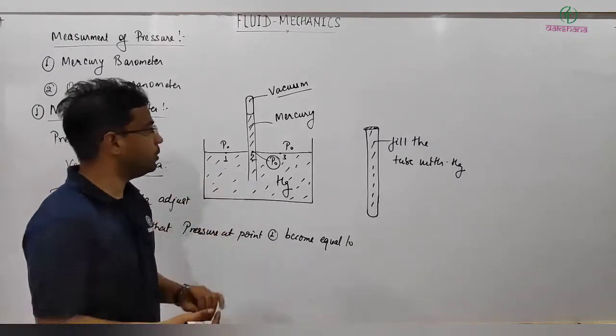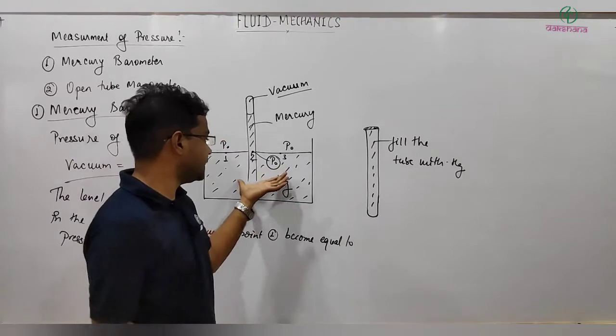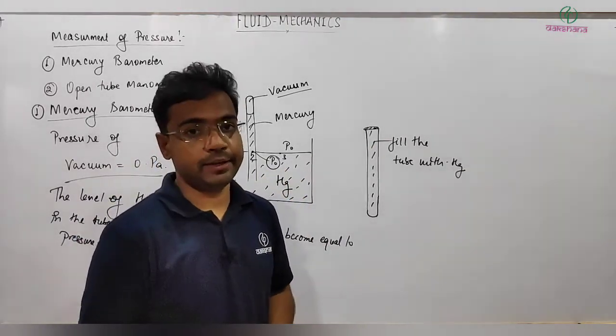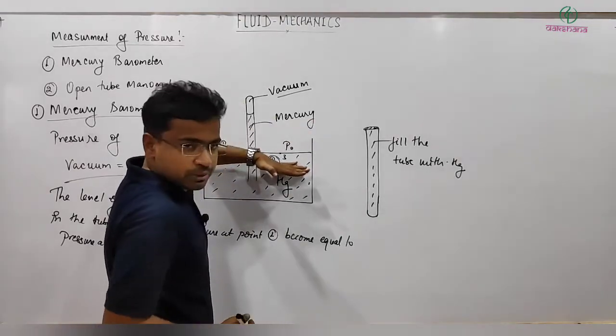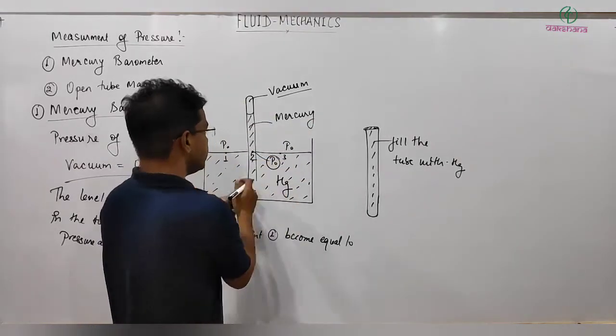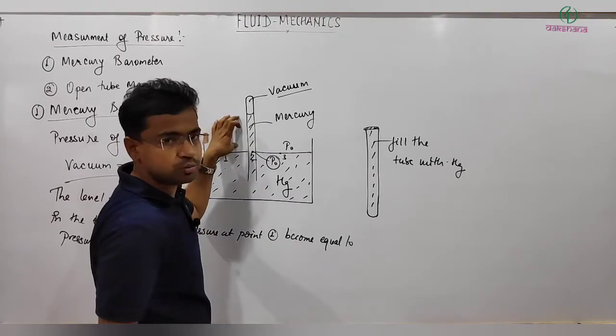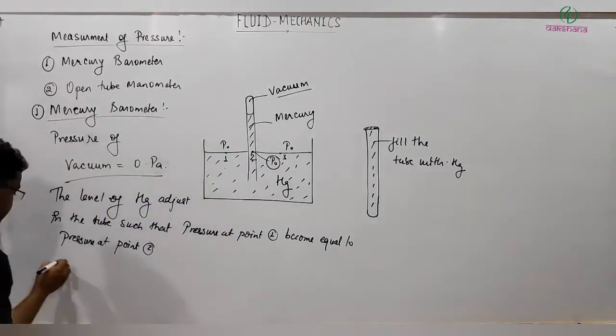Now, if you take it to another place where the pressure is higher, more force and more pressure will be there, so the liquid will rise to an even higher height. So the height of the column in this tube changes.